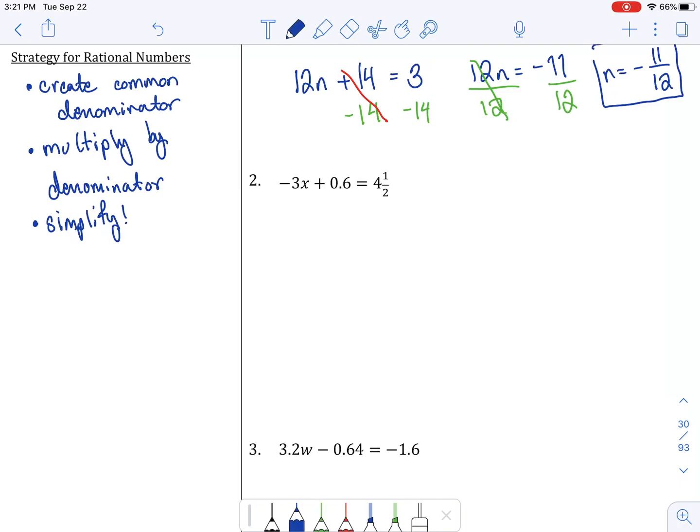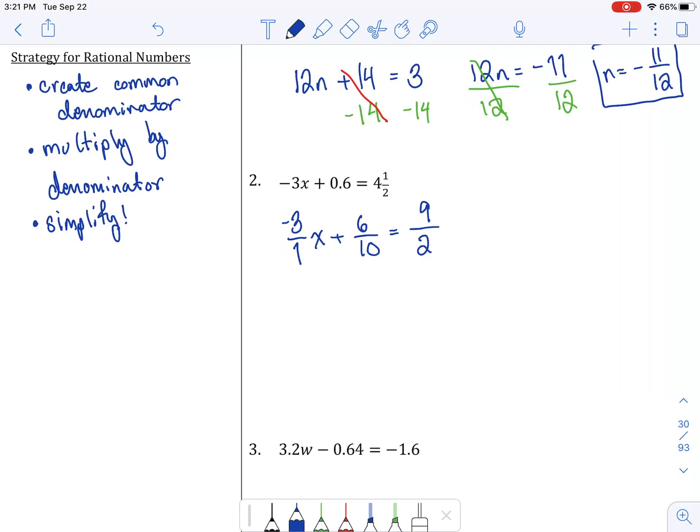So -3x as a fraction would be -3/1x plus 6/10. You could simplify that to 3/5 if you want, but we're going to use a common denominator, so we're going to simplify in a little bit anyway. And this would be 9/2.